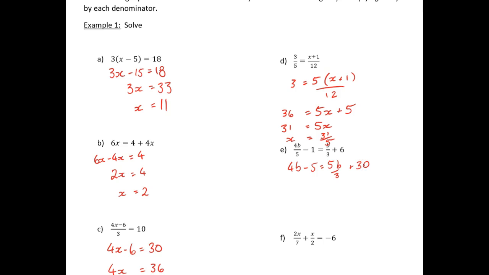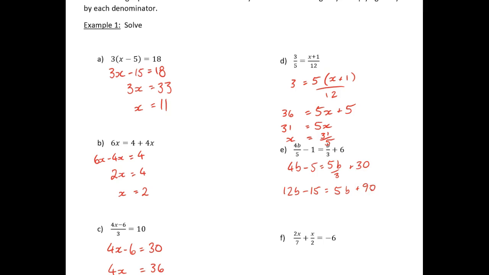Okay, we've multiplied each of those 4 terms. We've multiplied each of them by 5. Now I'm going to multiply every term by 3, and we won't have any fractions left. I'll have a 12b minus 15 here on the left, 5b plus 90 here on the right.